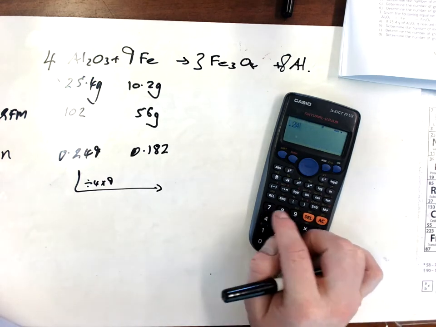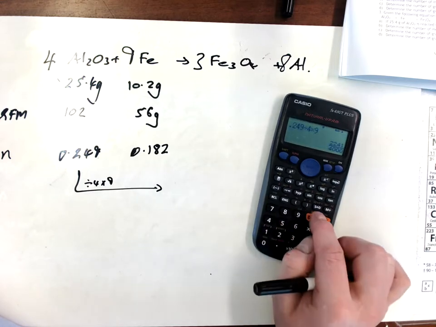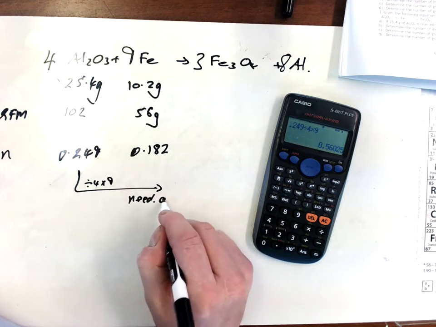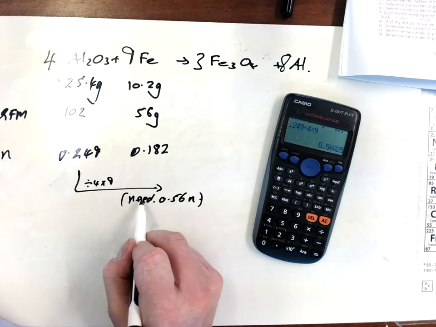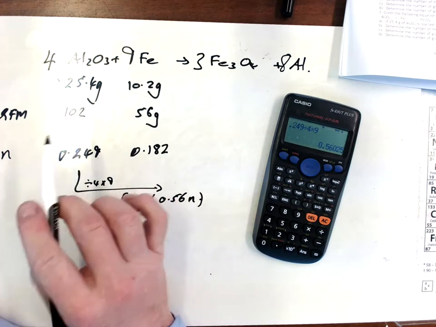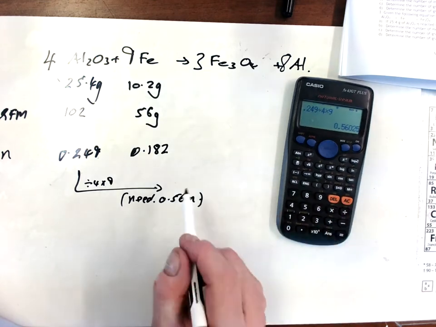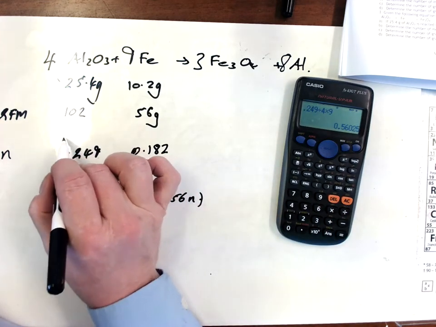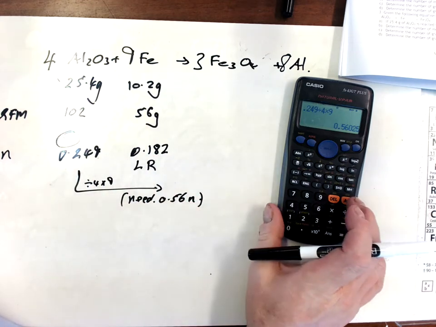Okay, so 0.249 divided by 4 times 9 would tell me that I would need 0.56 moles of that to react with 0.249 moles of aluminium oxide. So that means that indeed this is in excess. Okay, and that is my limiting reactant.